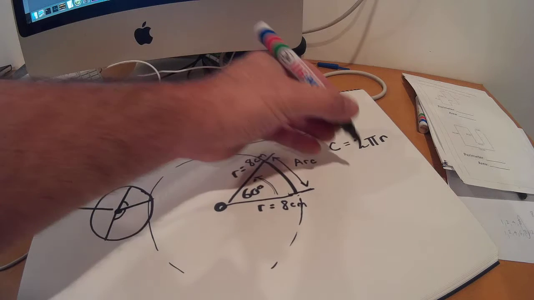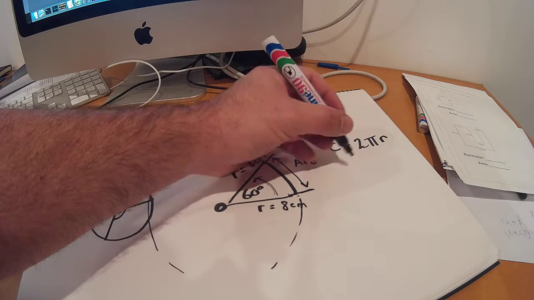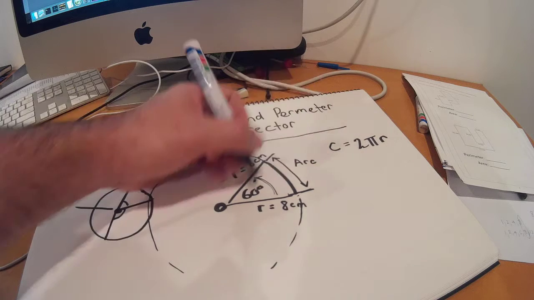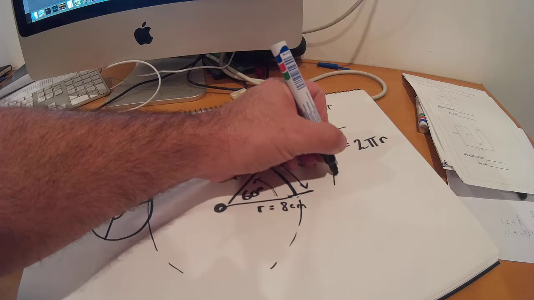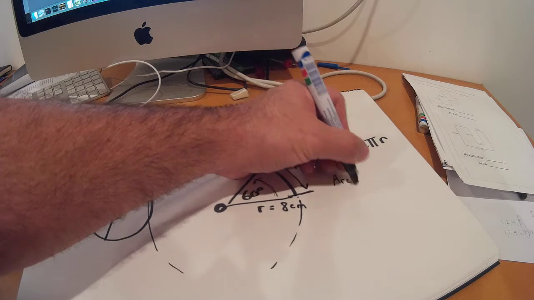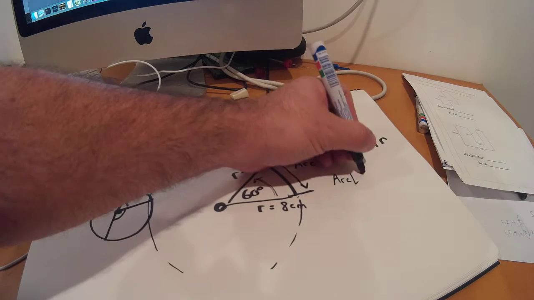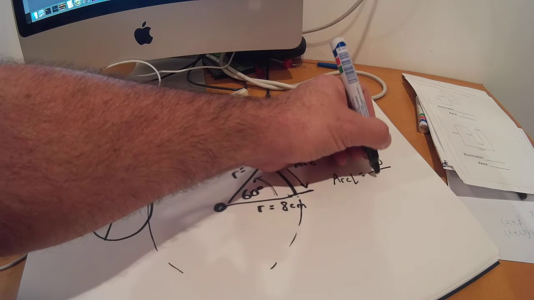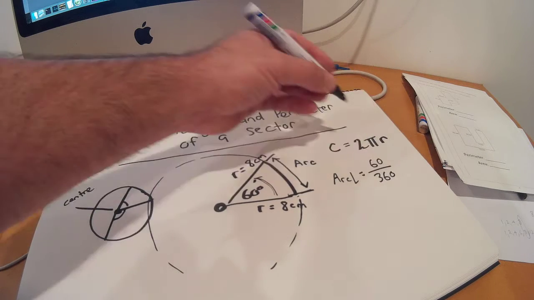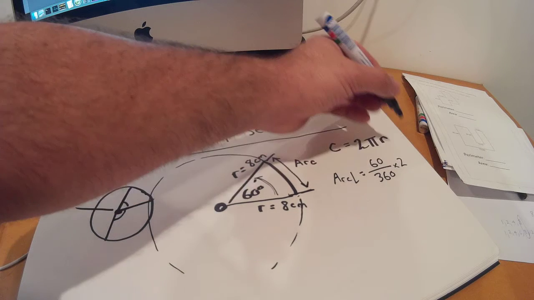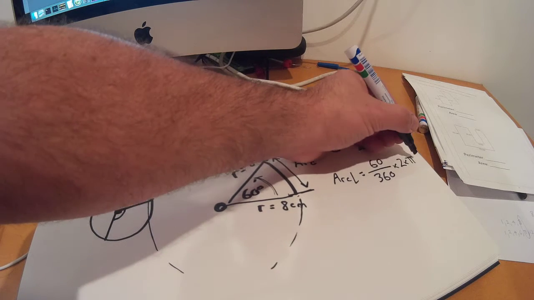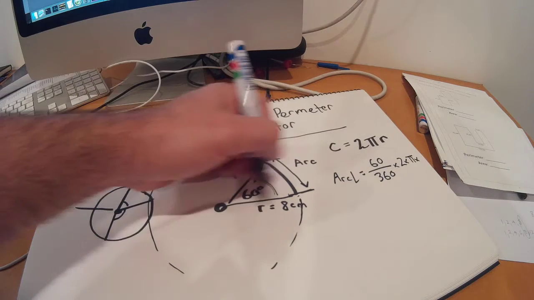So if we want to work out arc length, I'm going to write here arc length L is equal to 60 over 360 times 2 times pi times r, which is 8.